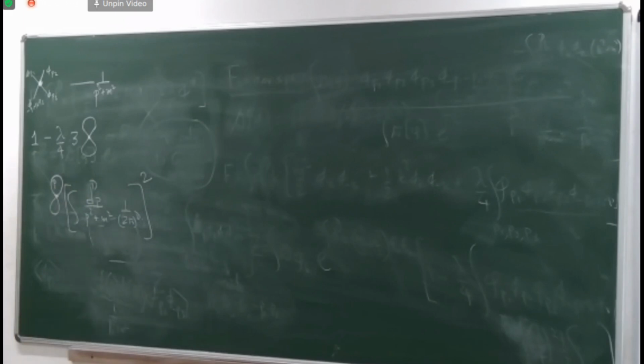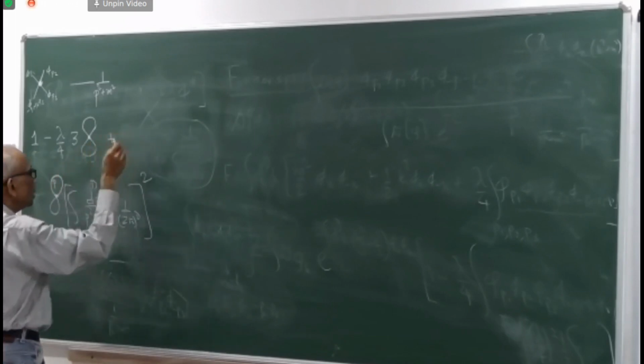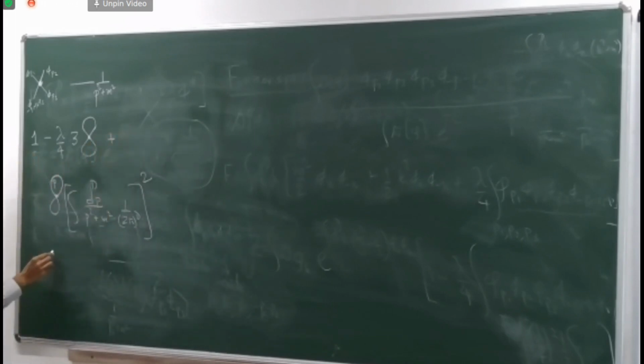So that's our way of going about it. If I come to the next part, then the next time around, I have 2 vertices in this, and there cannot be any external legs.